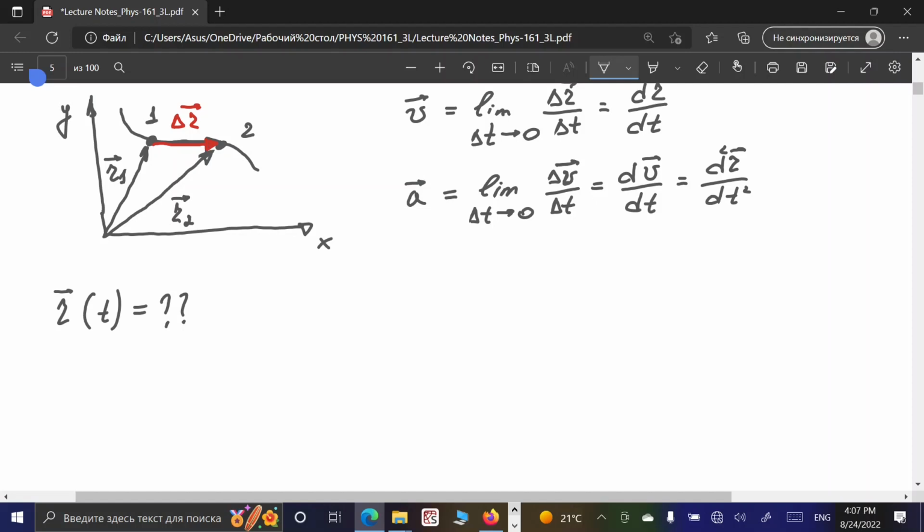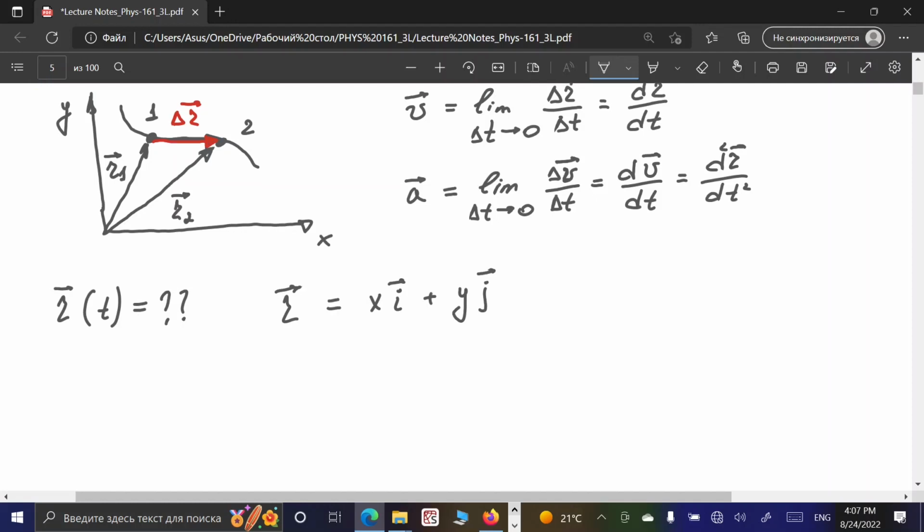That's obviously what we want to do, because then it's easy to do calculations with such vectors. So we can represent our position vector as a sum of two vectors. It will be x times i unit vector plus y times j unit vector.